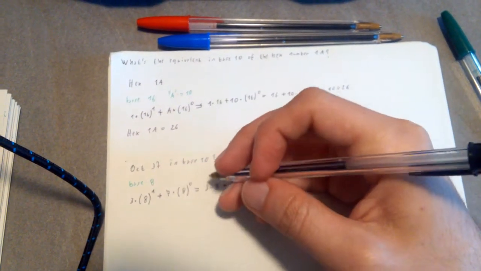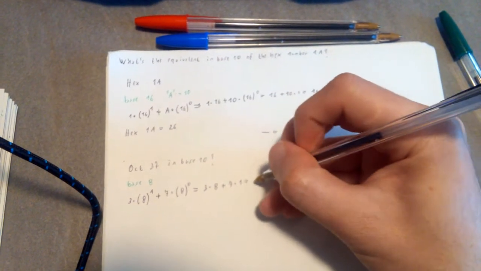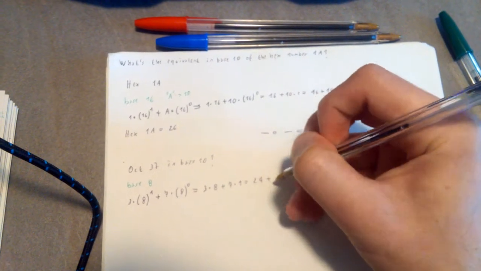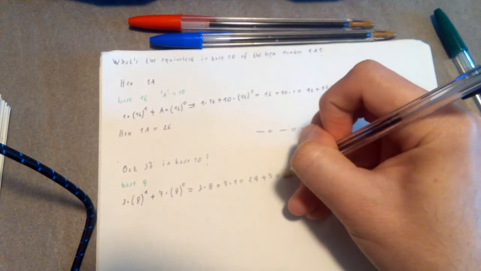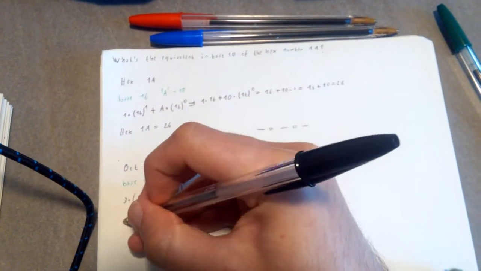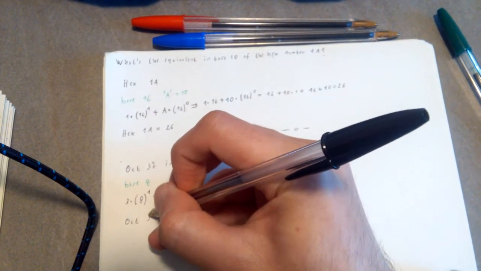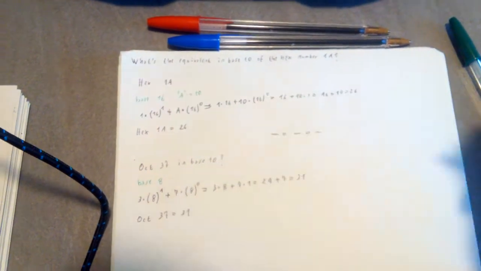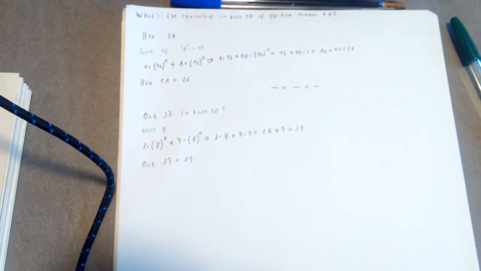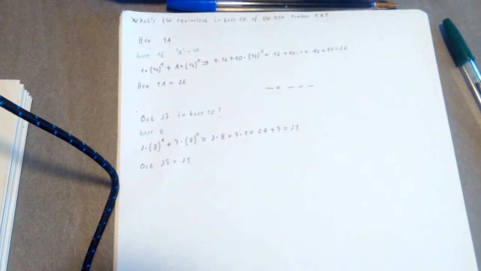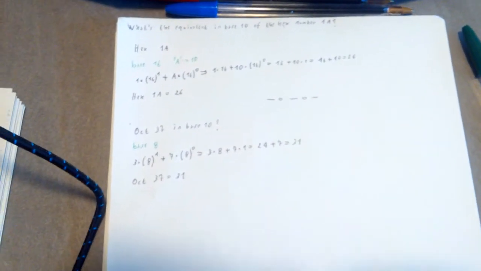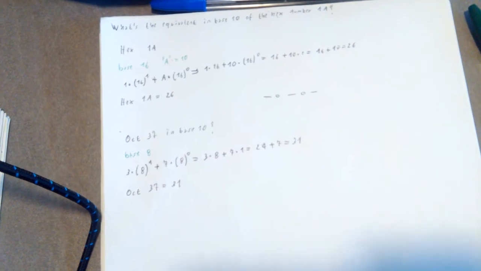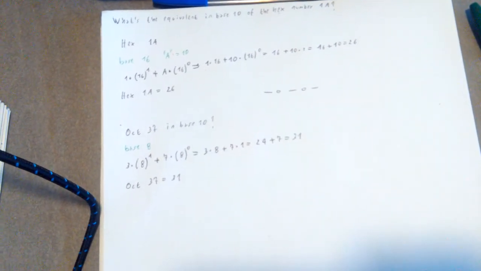So it's 8 times 3, which is 24, plus 7 times 1, which is 7, which gives us 31. So the octal number 37 is equal to 31 in decimal. And as I said, we can do this over and over again for different numbers.